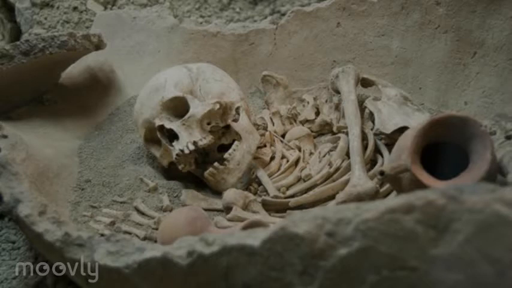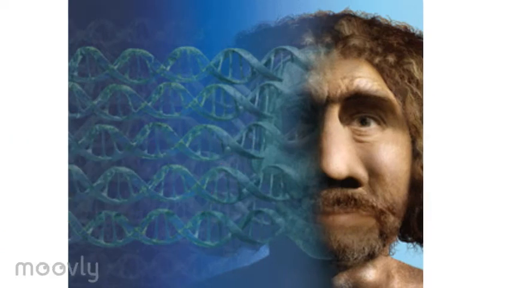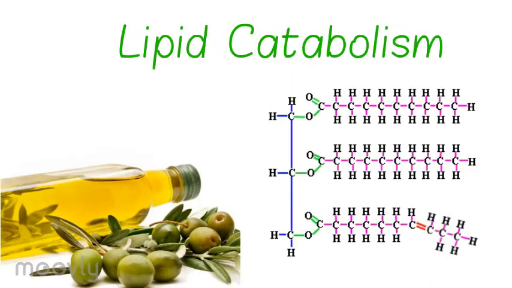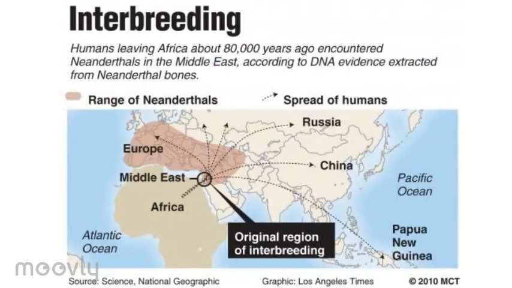Even though Neanderthals are extinct, some modern humans possess fragments of the Neanderthal genome that are specifically involved in the metabolic breakdown of lipids. Some scientists think that interbreeding occurred once humans left the African continent, which explains why Europeans have several sections of DNA in common with ancient Neanderthal samples.